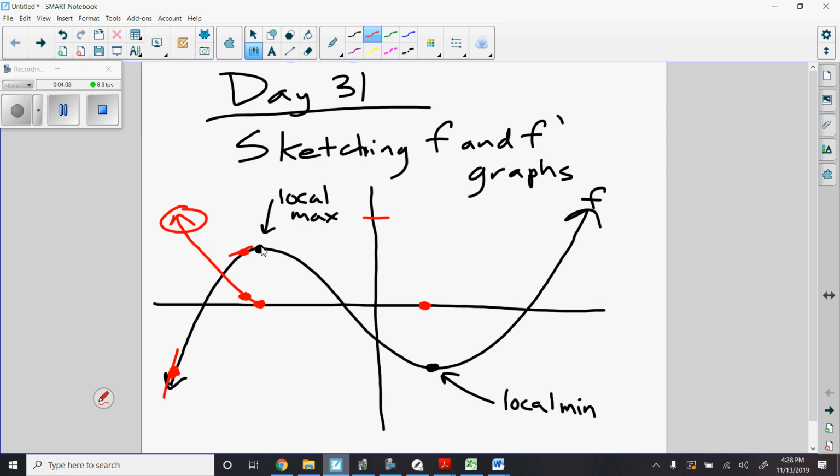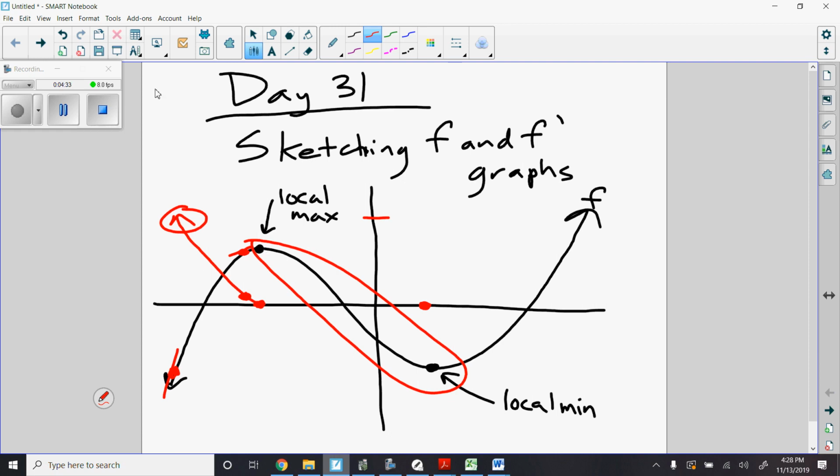Now, from the 0 on the left to the 0 on the right, that stretch of the graph between the local max and the local min, I notice that on that stretch, f is decreasing the whole time. That means my f prime graph should be negative the whole time.